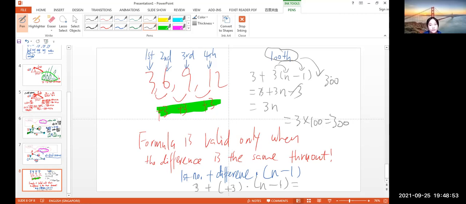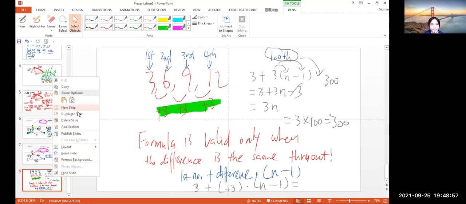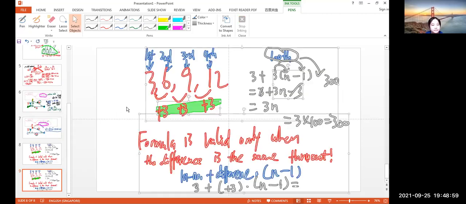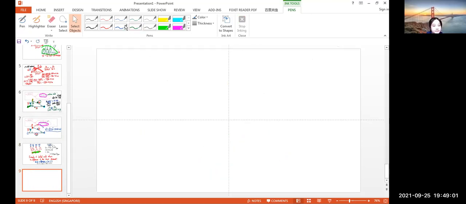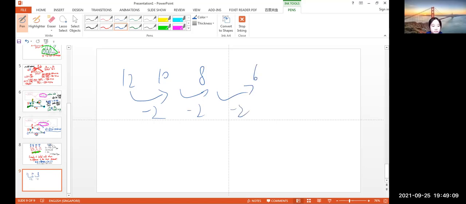Yeah. Okay, good. So let me give you another one. If it's 12, 10, 8, so this is minus 2, right? So the difference is the same throughout, right? Yeah. So use the formula. First number plus difference times n minus 1.